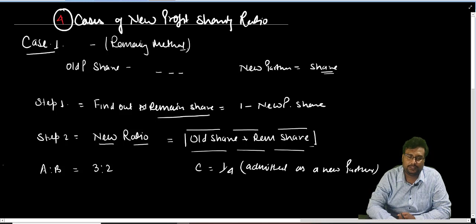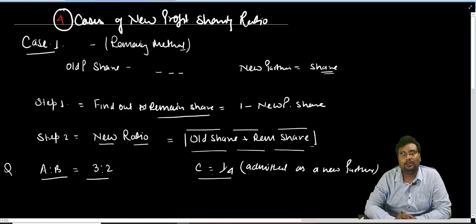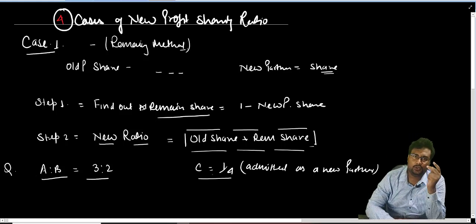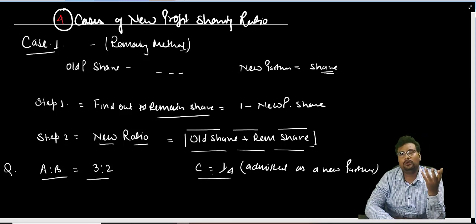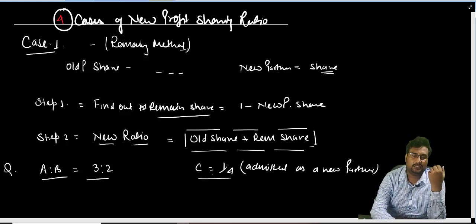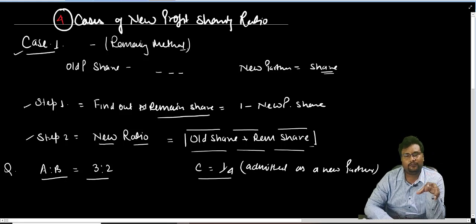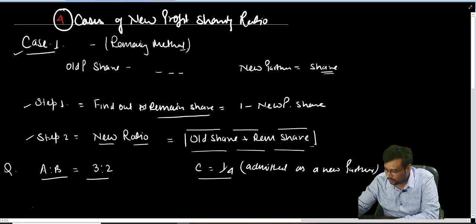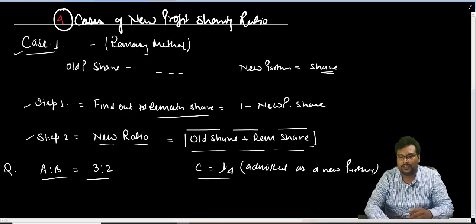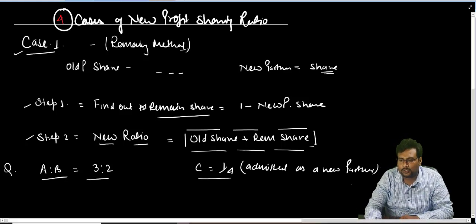Now beta, in the question only these two information are present for calculating the new profit sharing ratio. So whenever in the question two information are there, old partner share and new partner share, that will be considered as case number 1, and we will follow these simple 2 steps to find out the new profit sharing ratio.